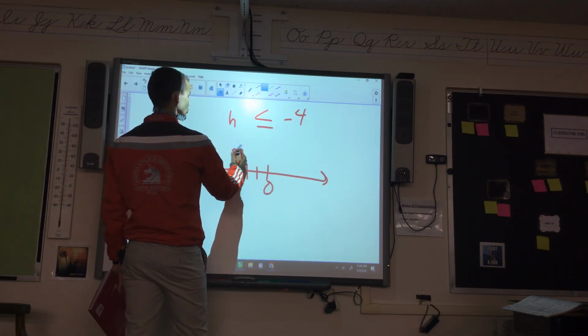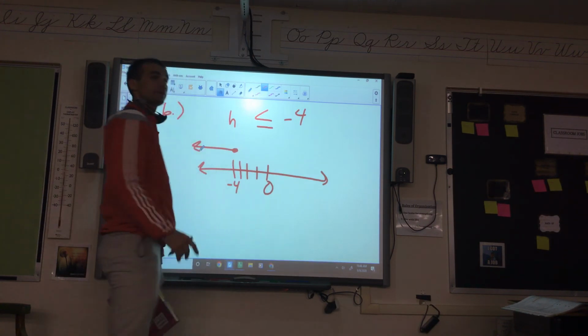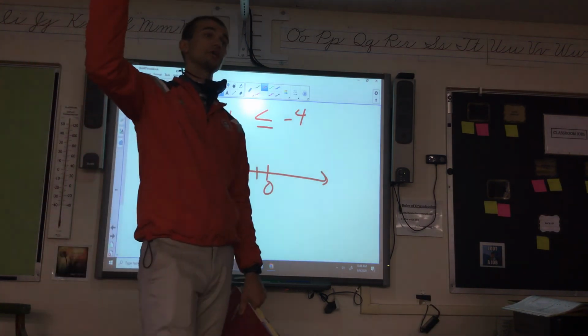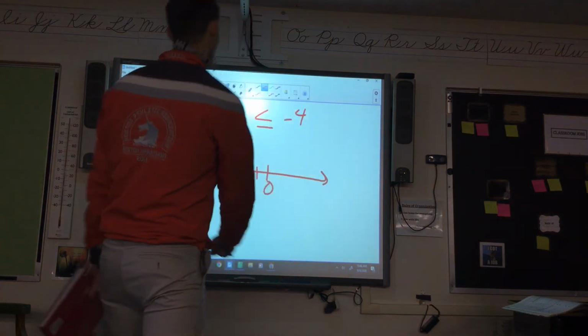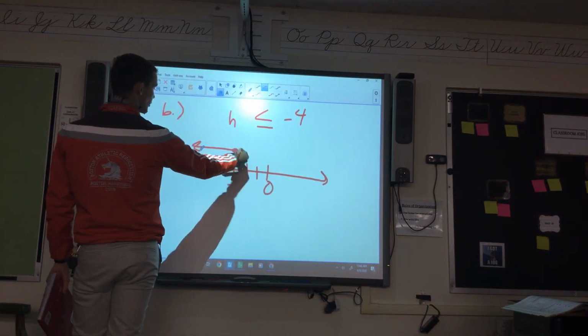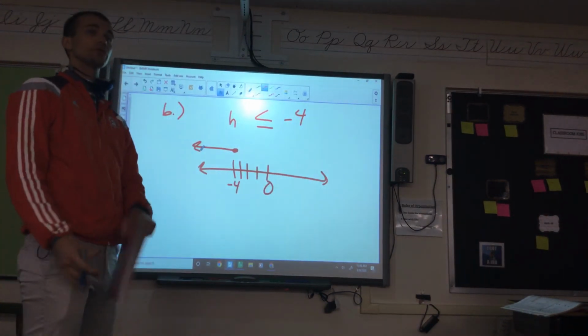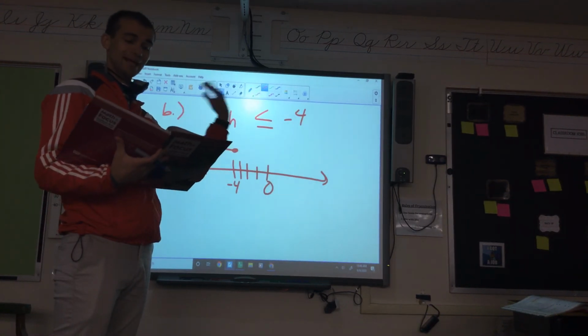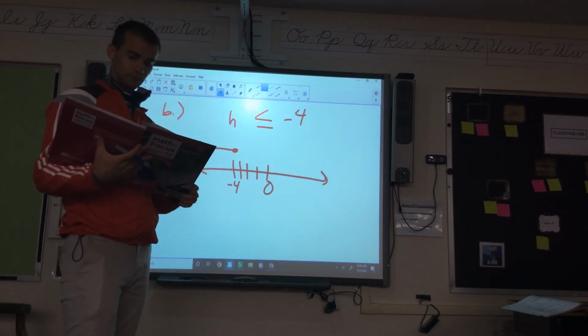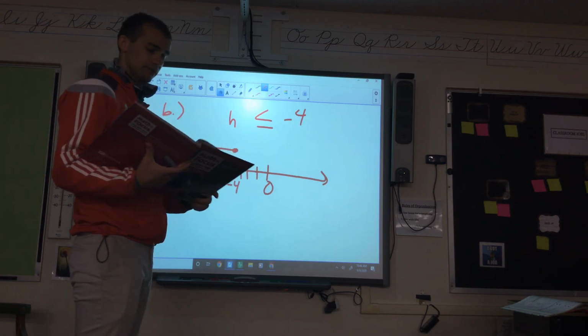We have a closed circle going this way. So they said maximum, that means it peaks out. It could get to -4, but it's not getting past -4. So it's going here, but anything less than, that's also going to be good. Maximum, it maxes out right there. And that's what your graph looks like.